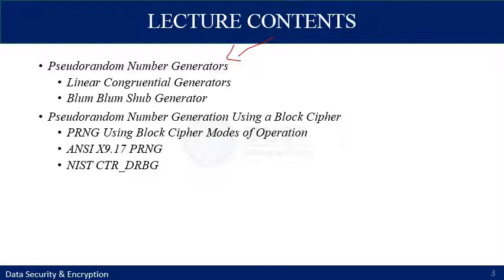Then there will be two standards, such as ANSI X9.17 pseudo-random number generator and NIST counter deterministic random bit generator. So this lecture explains how a block cipher can be used to construct a pseudo-random number generator.